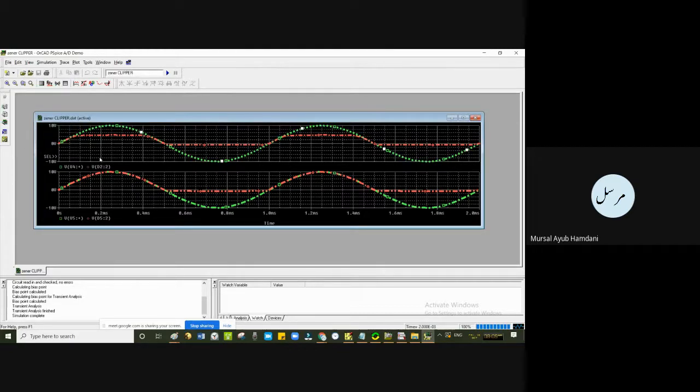So you can clearly see the difference between the two. The lower plot is for a common diode.